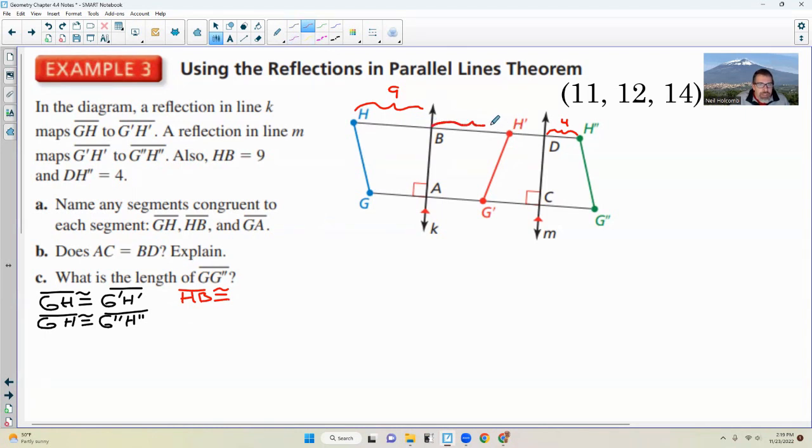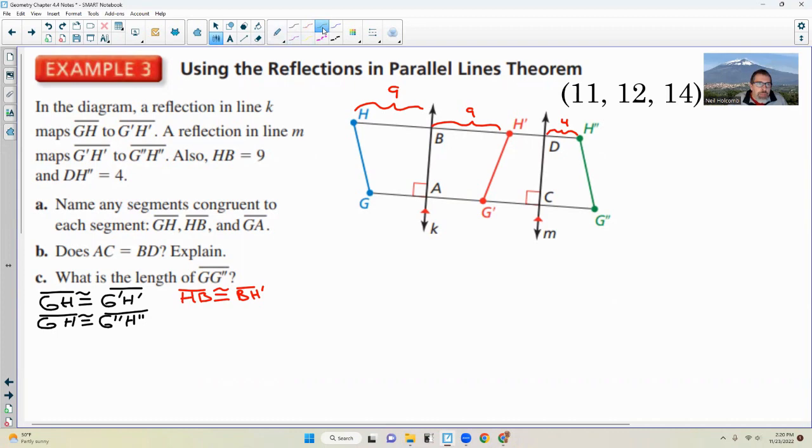So that means that this segment is also 9, and that is segment BH prime. Is HB congruent to anything else? Let's take a look. Okay, that's it. We can't confirm that.